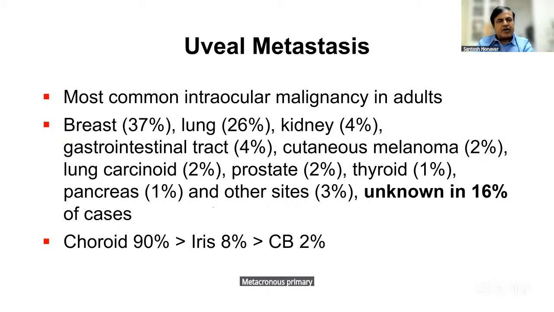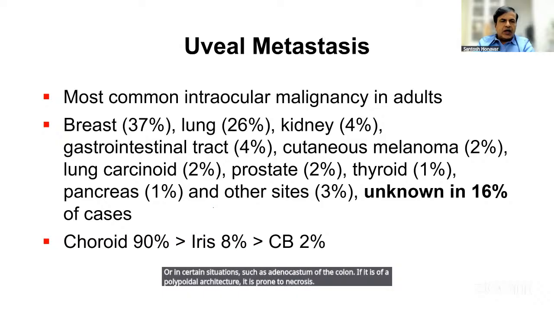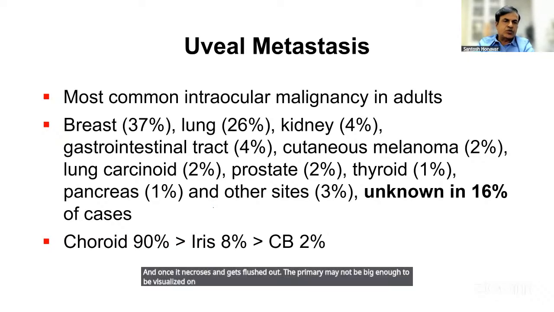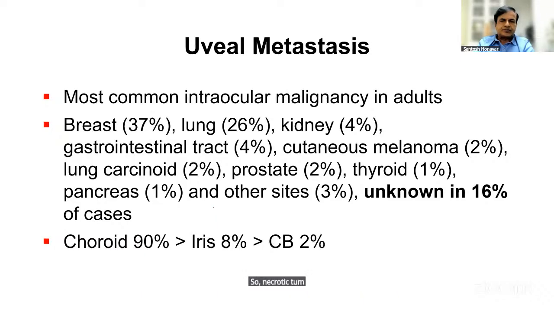It means that the primary may have been too small, or in certain situations such as adenocarcinoma of the colon, if it is of a polypoidal architecture, it is prone to necrosis. And once it necroses and gets flushed out, the primary may not be big enough to be visualized on PET CT scan. Unless you do a colonoscopy, it may be missed. So necrotic tumors can be missed.